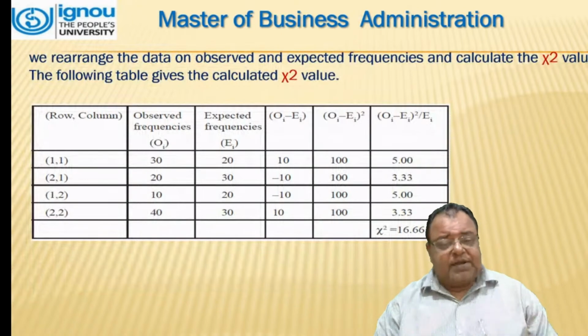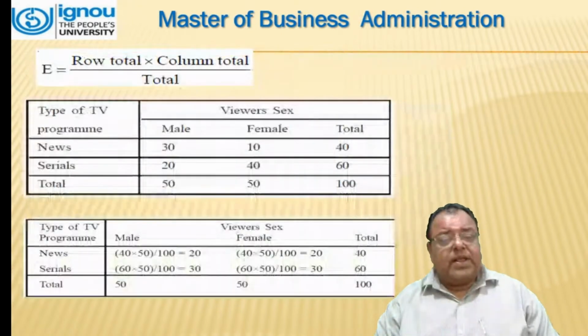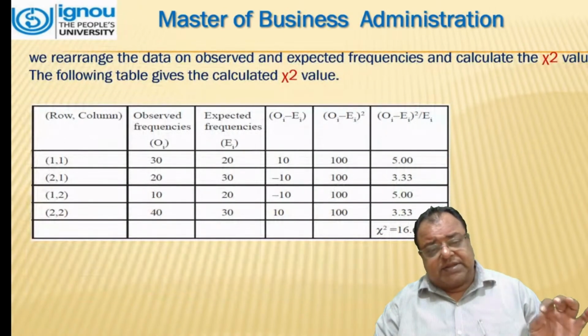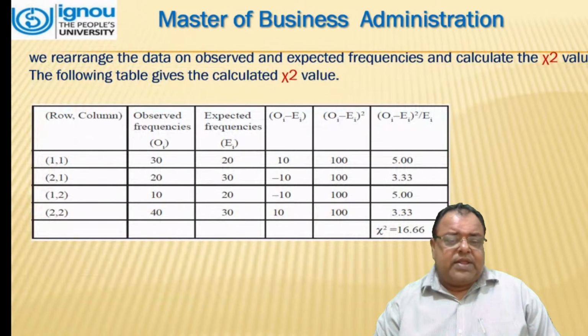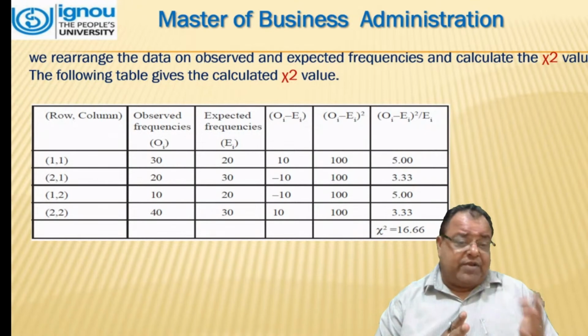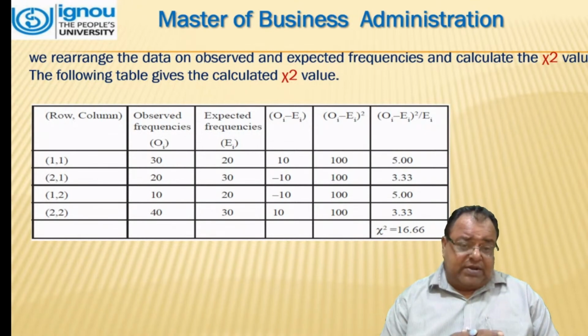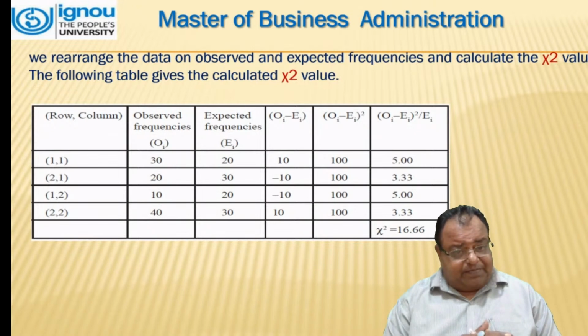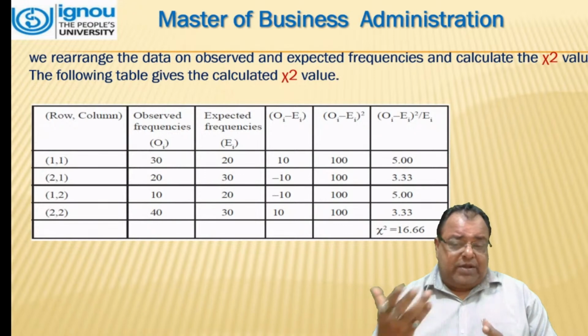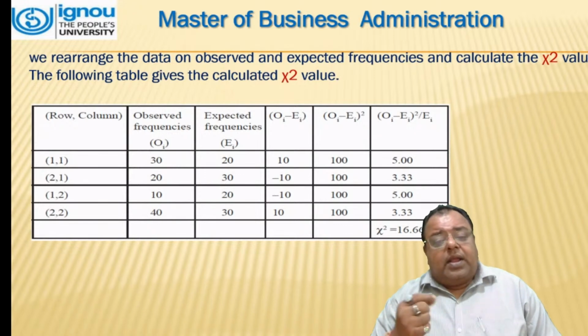These 4 values are there. The expected frequencies, that is E i, are 20, 30, 20, 30. First of all, we will calculate the difference between the observed frequency and the expected frequency. This comes out to be 10, minus 10, minus 10 and 10. We square it, 100.